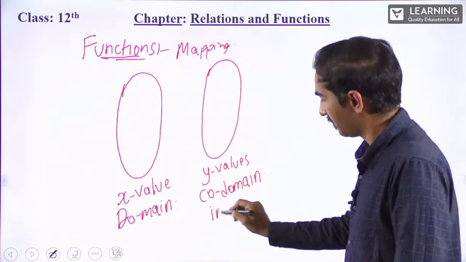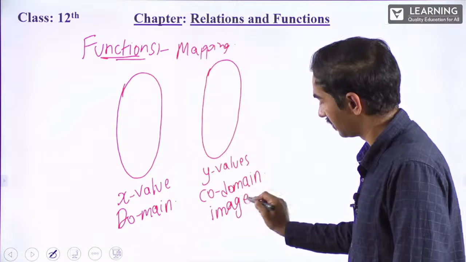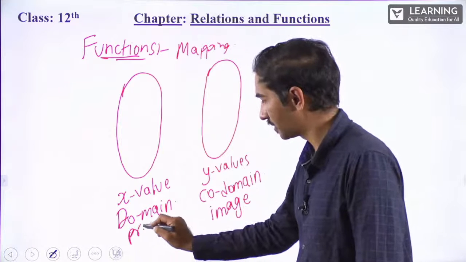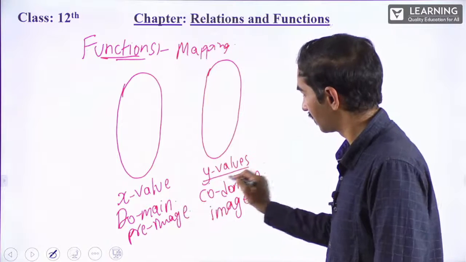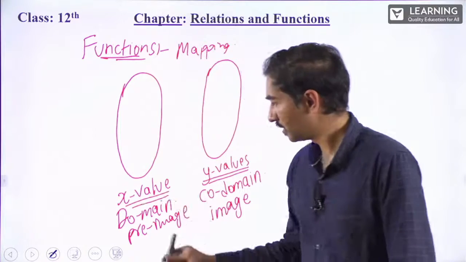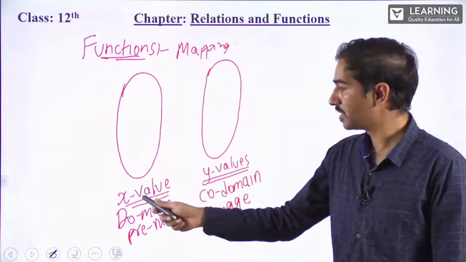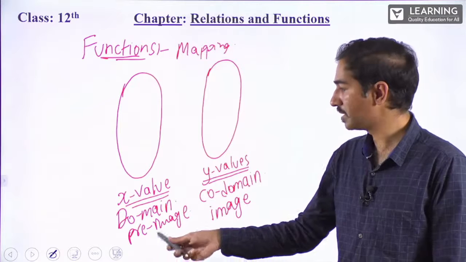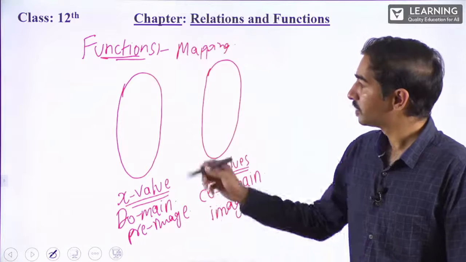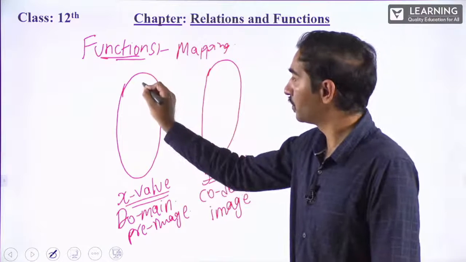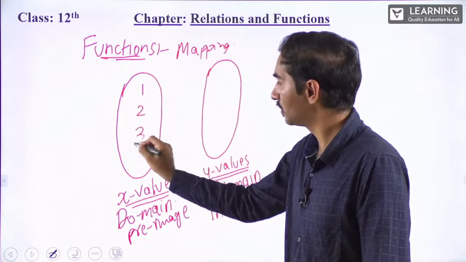This is called the image, and this is called the pre-image. Domain means x values, also called the pre-image. Y values: codomain, image.